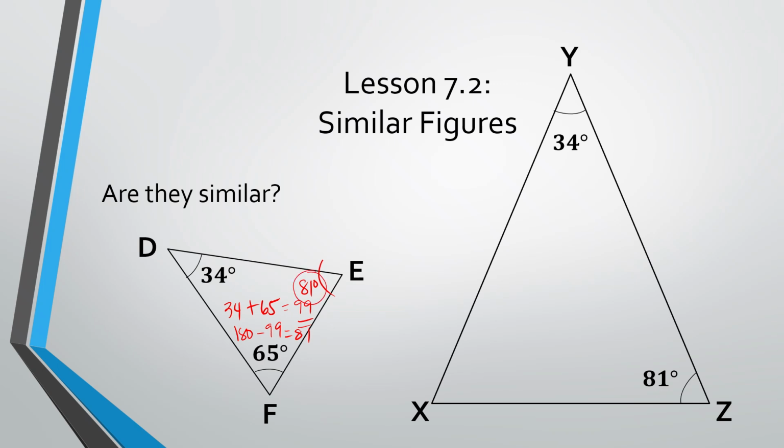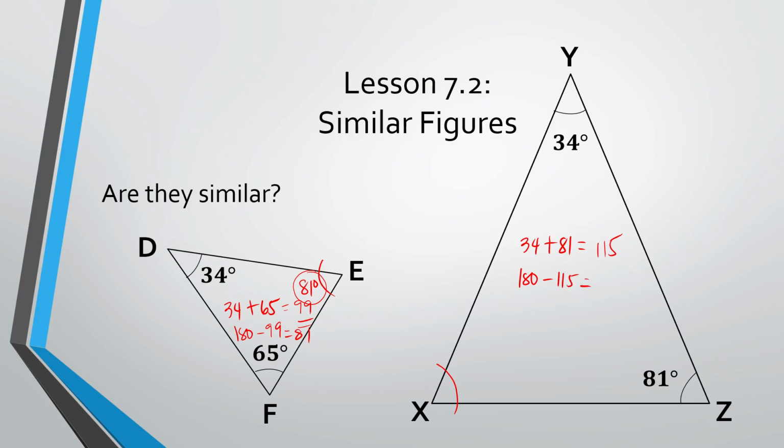How about the bigger figure? We know that we have here 34, we have here 81. But the question becomes, is this 65 degrees? To find out if this is 65 degrees, you have to add 34 and 81 first. So this is 115. Then subtract this 115 from 180 degrees.